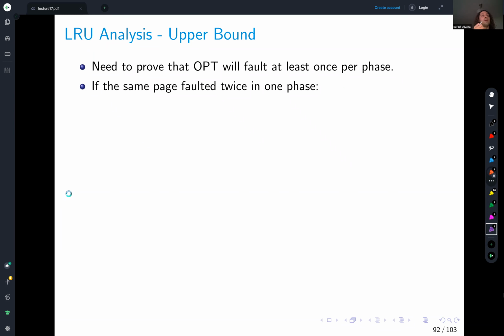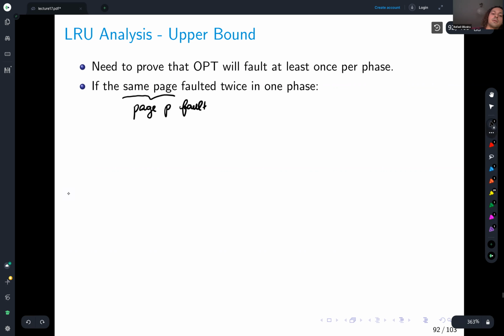Suppose that in one phase, the same page faulted twice. So what happens in this case? Let me say that page P faulted twice in one phase.